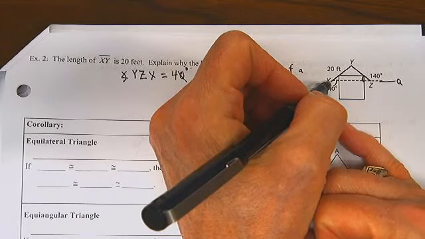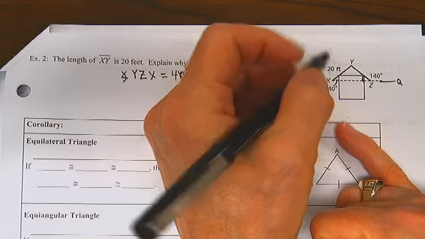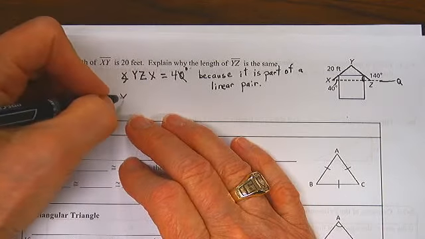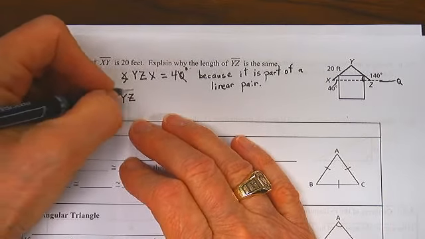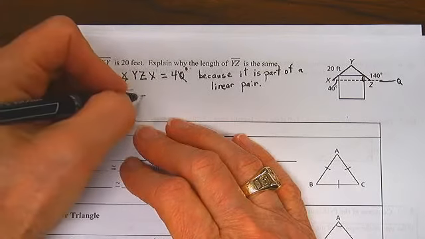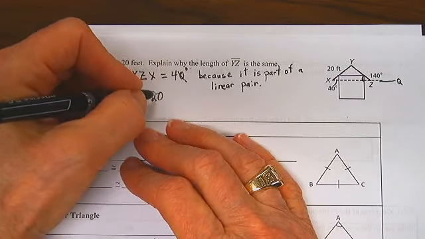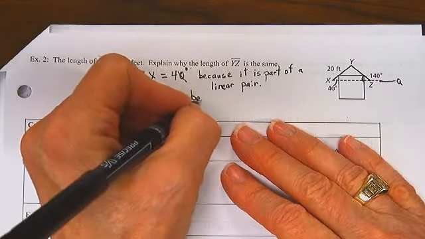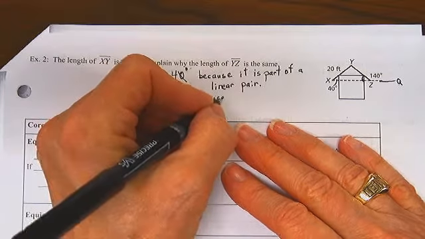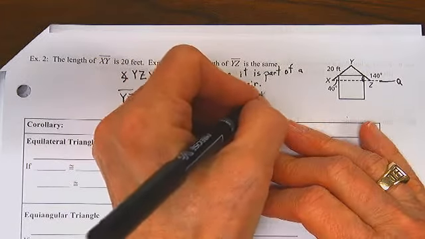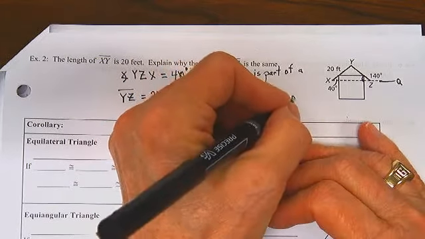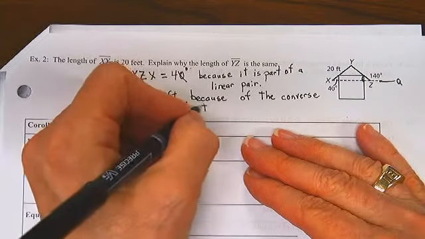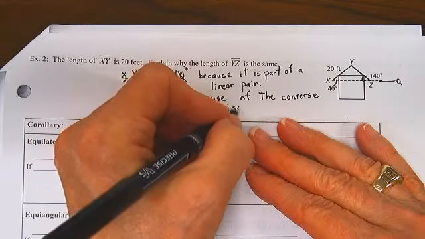I have a triangle, so YZ is equal to 20 feet, because of the converse of the isosceles triangle theorem.